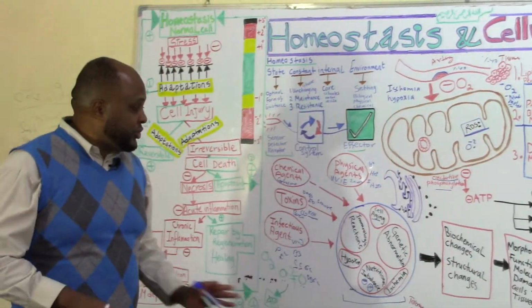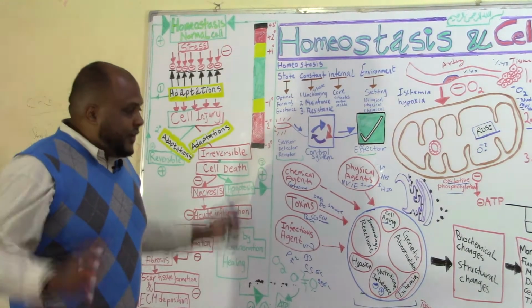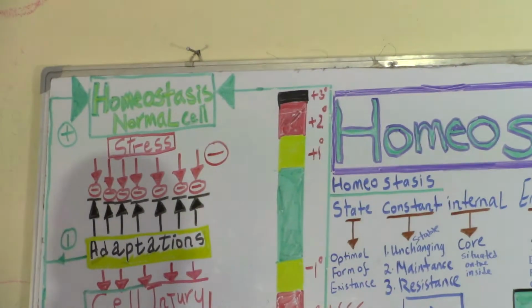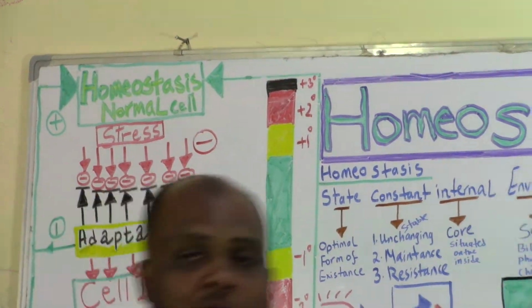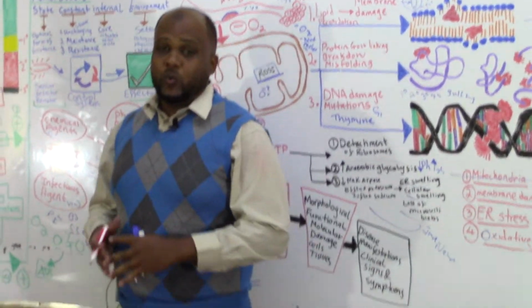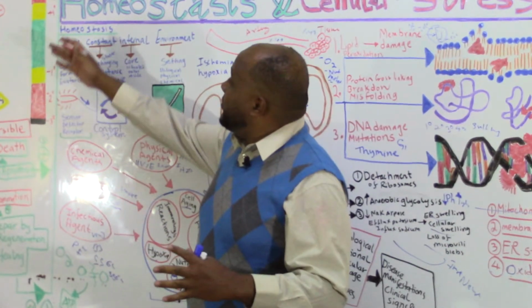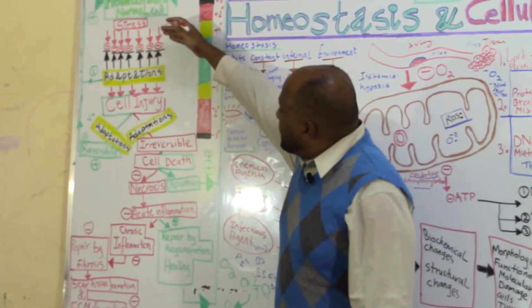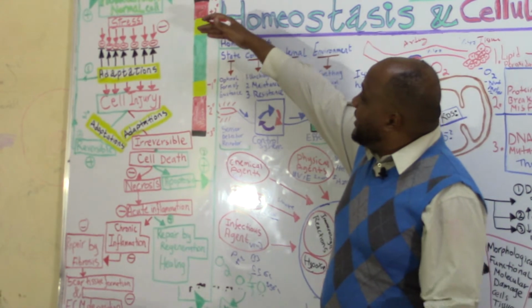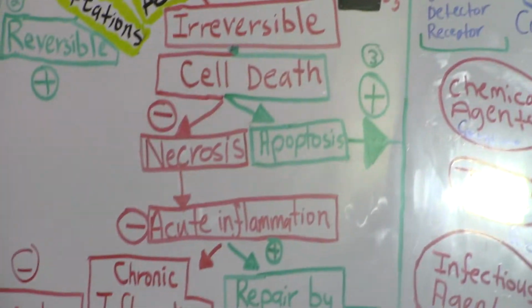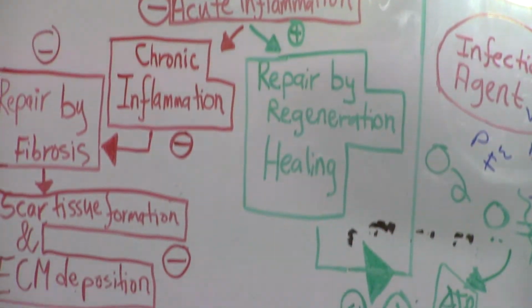But for now, we should just appreciate very quickly that we have homeostasis, the normal optimal state of the cell, the form in which the cell exists. The cell is under constant stress, either caused by internal perturbations like DNA damage or autoimmune reactions, or stressors inside the cell, or stressors from outside of the cell.